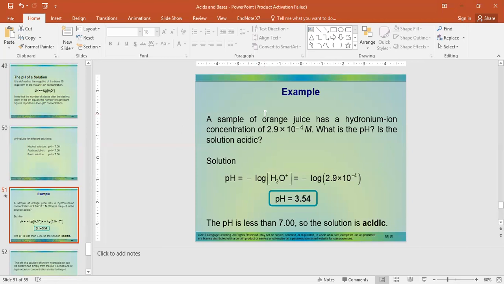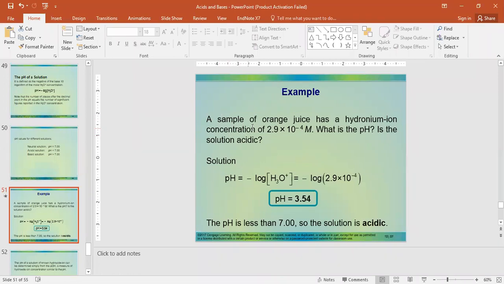Yes, Angela. So basically you can't find the pH directly using the hydroxyl ion. You can only find it directly using the hydronium ion. Is that correct? Okay. Thank you.